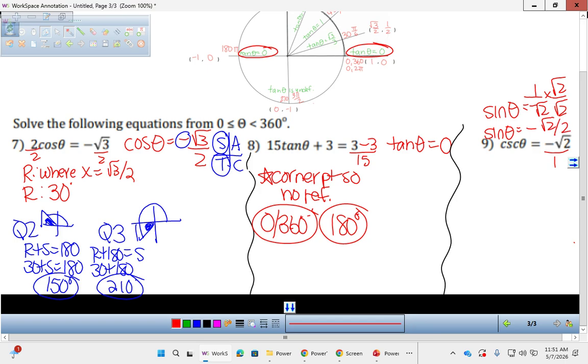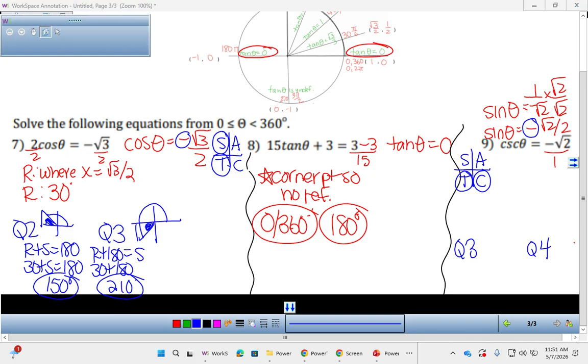And since there's a negative sign, I'm going to apply this to where sine is negative. Sine is positive in 1 and 2, so it's negative in 3 and 4. So eventually I'm going to use the 3 and 4 rules to solve here for my triangle.